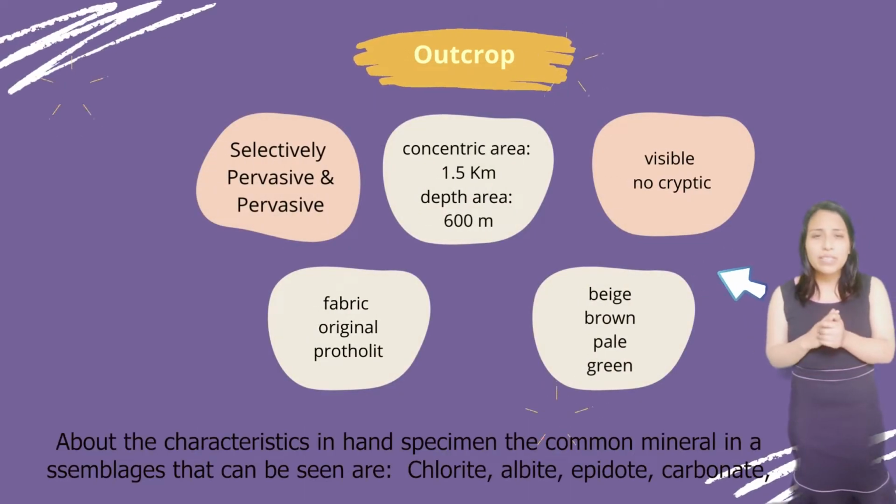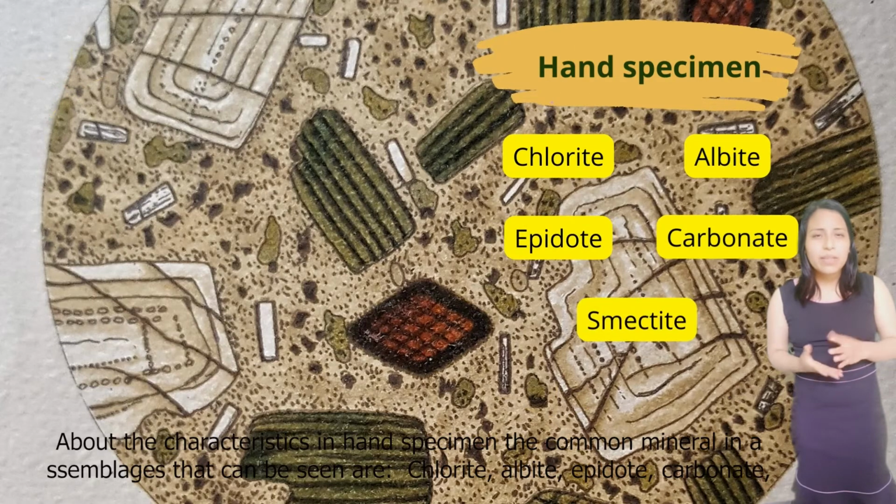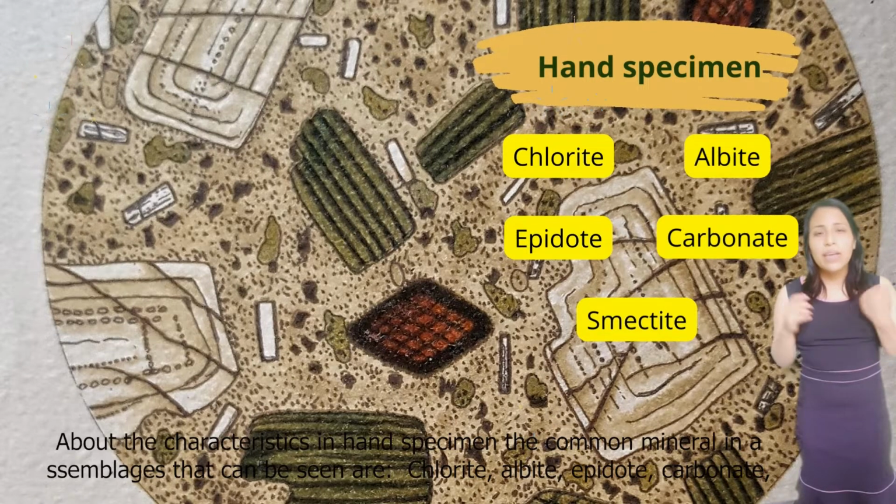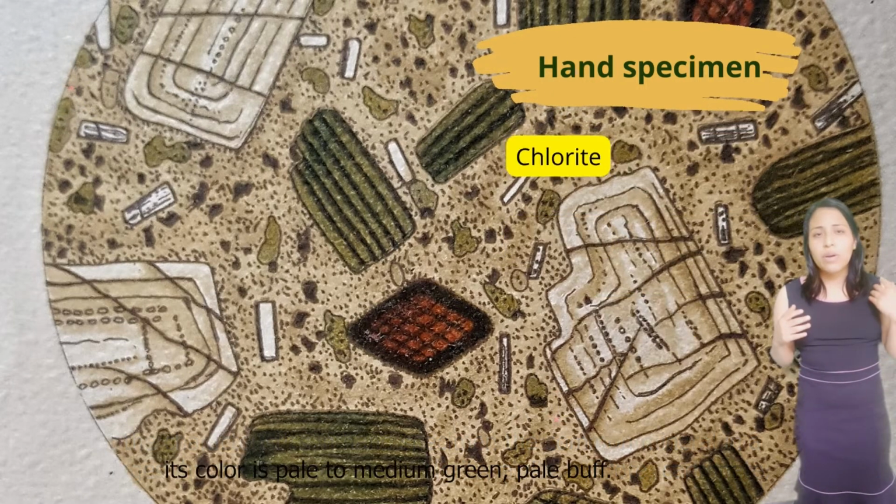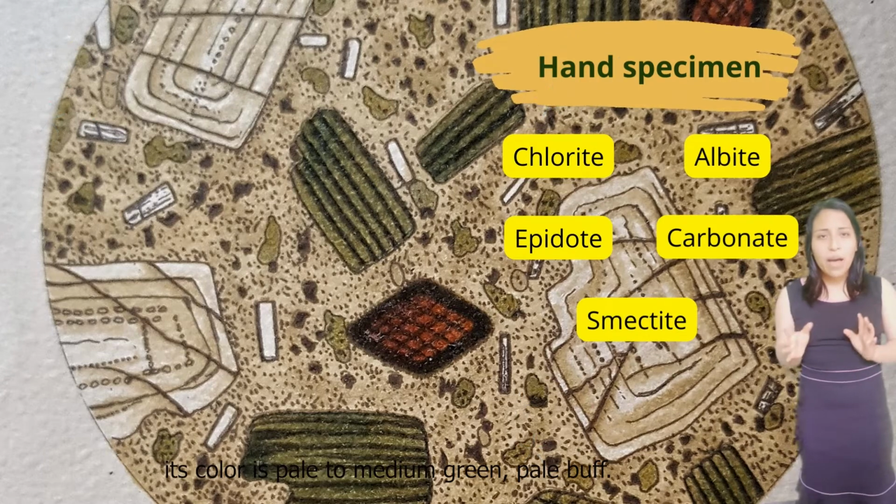About the characteristics in a hand specimen, the common mineral assemblages are chlorite, albite, epidote, smectite, and carbonate. The color is pale to medium green, pale buff.